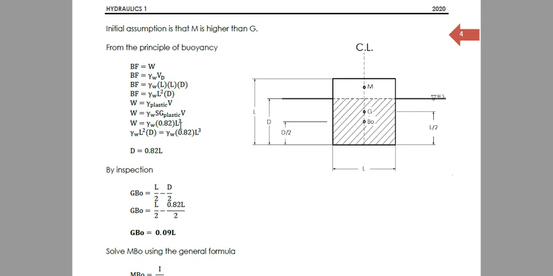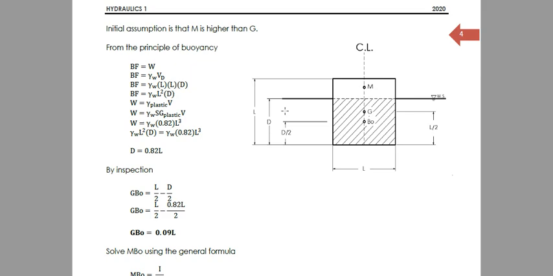And then volume ng cube, if one side is L, then it would be L cube. Then equate the two, cancel gamma of water, and then we can solve for D in terms of L. So cross multiply lang natin. So D is 0.82 of L.